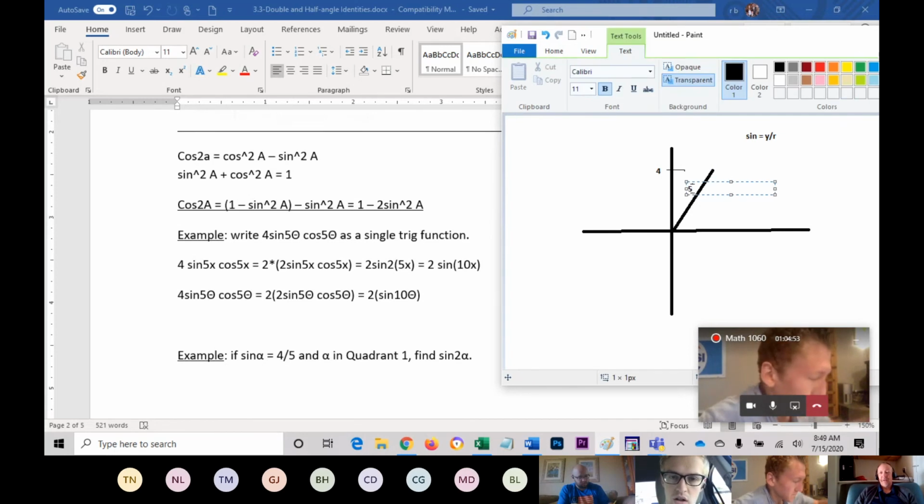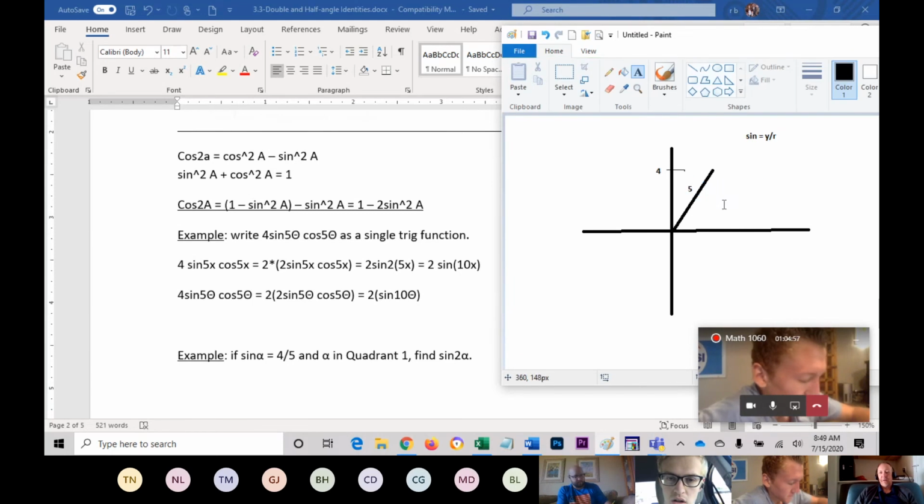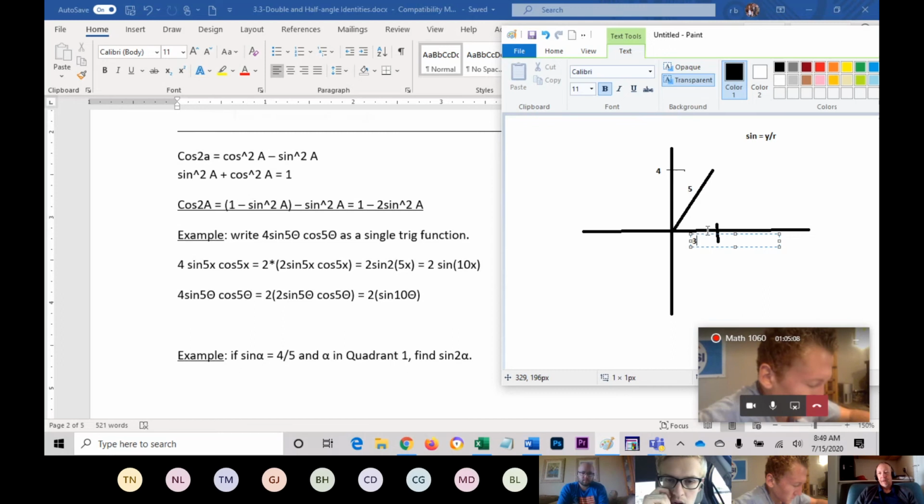So this is nice because it's a 3, 4, 5 triangle, right? Therefore, your x is going to be 3. Anyway, it's a 3, 4, 5 triangle.